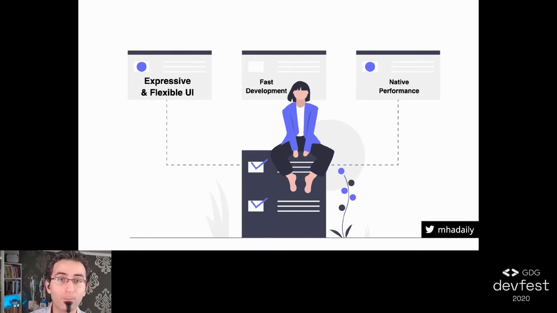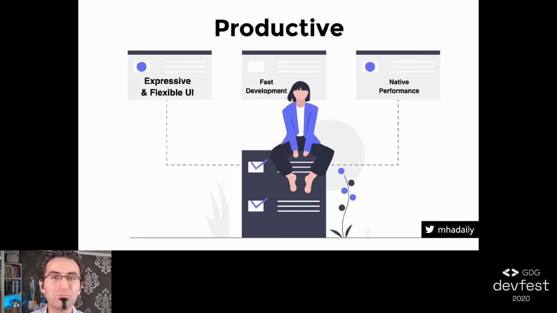Also, when it compiles to native code, it gives you very good performance, so you can run your app at 60 FPS. On top of all of that, it makes you very productive, because a lot of things are already there. You just need to quickly wrap them up, like pieces of a puzzle. You just attach them together and make your puzzle very quickly.